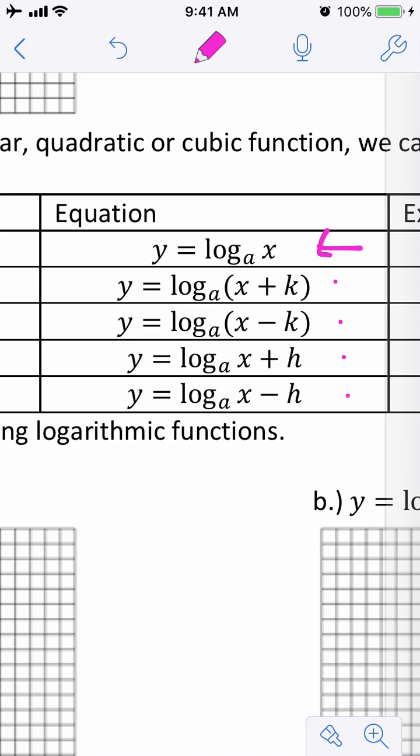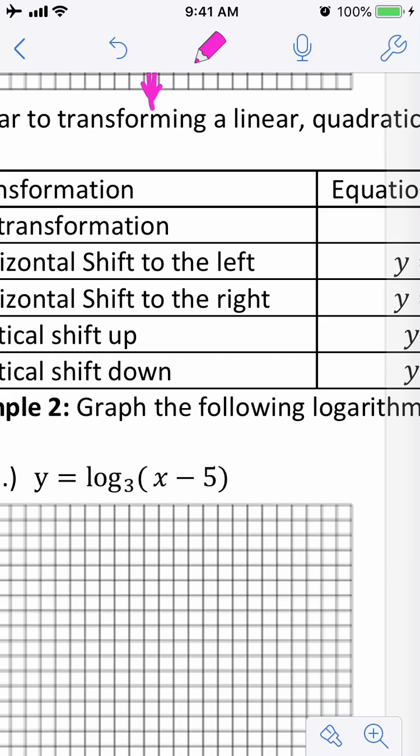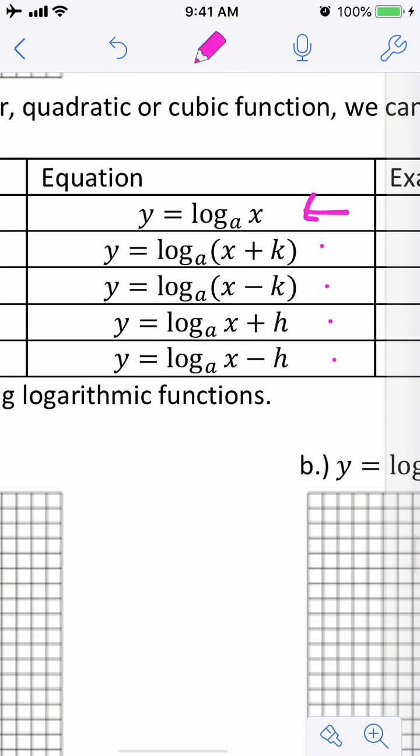If you throw on an additional number, if instead of just x, you have x plus k, as it's shown here, what that's going to do is shift it 1 to the left. Similarly, if you have x minus something, it's going to shift it to the right.